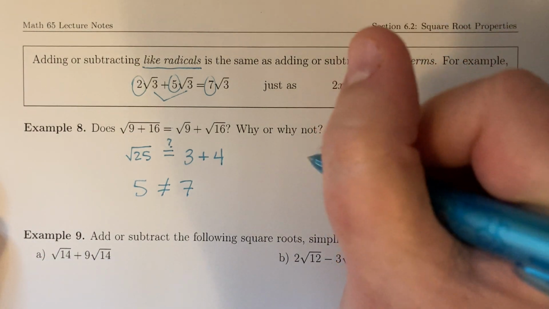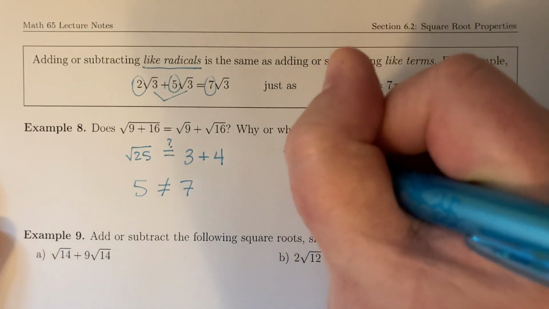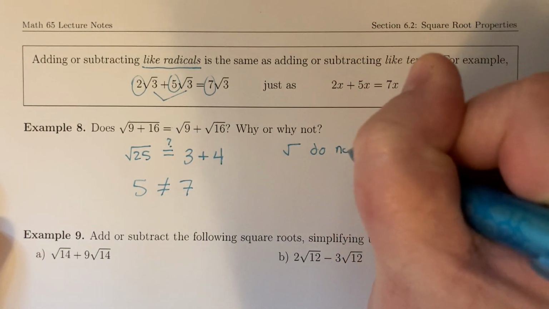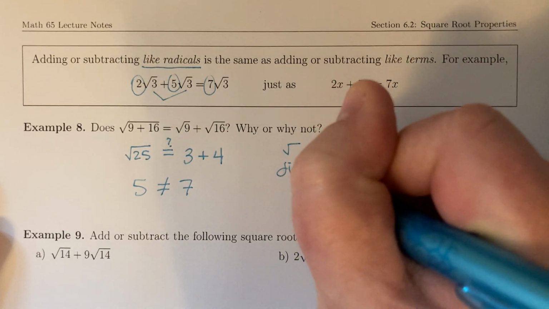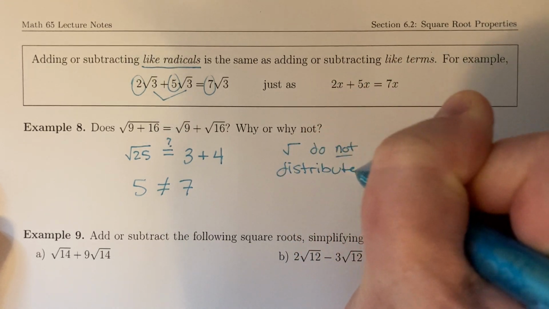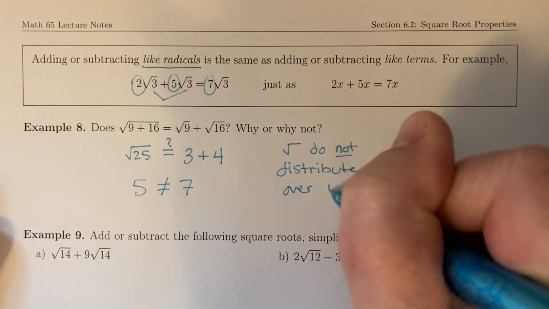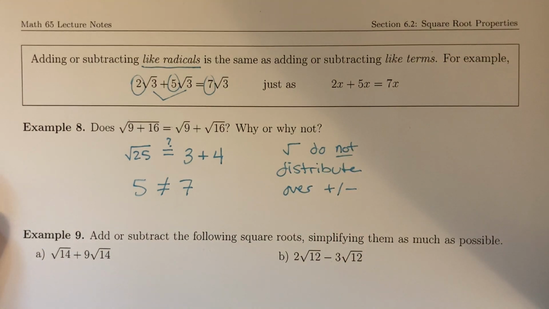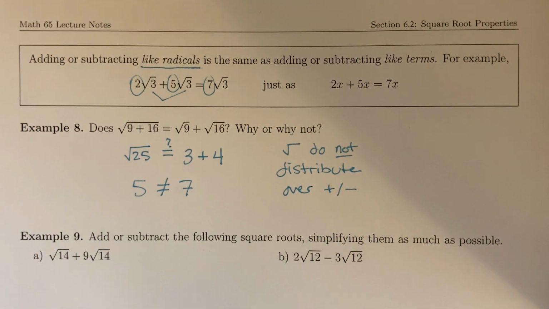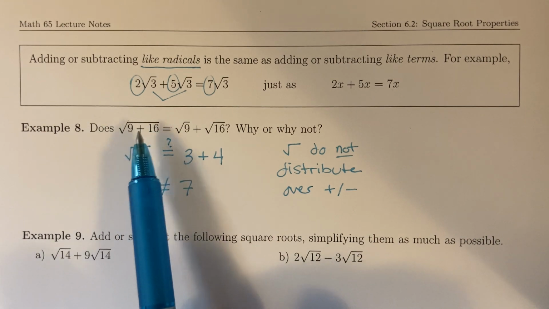So what this brings up is that square roots do not distribute over addition or subtraction. They only distribute over multiplication and division. And the reason is because they're really exponents. Exponents do the same thing.